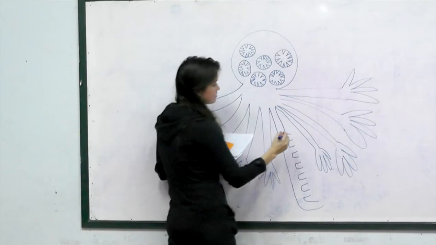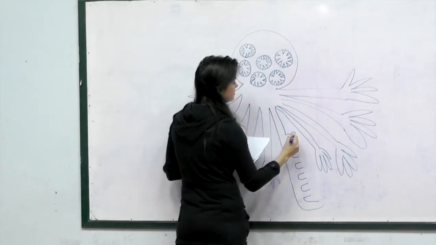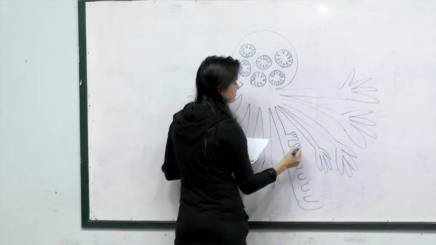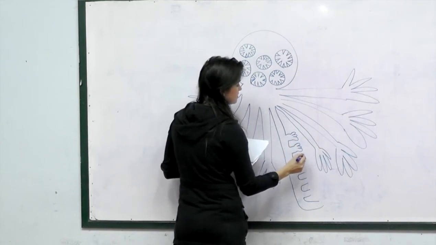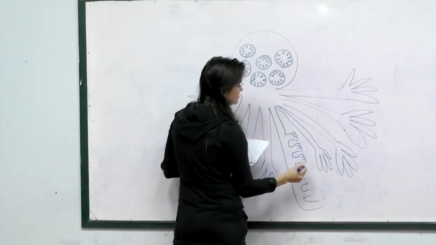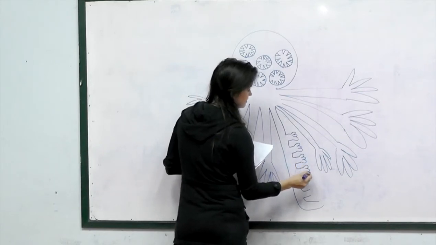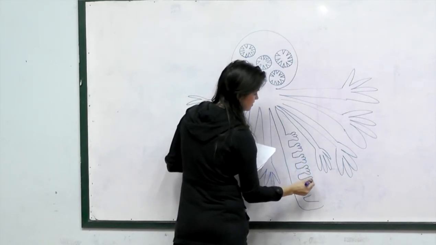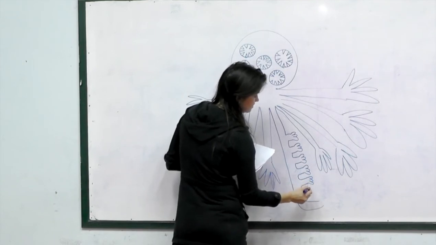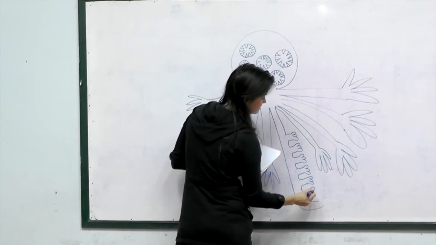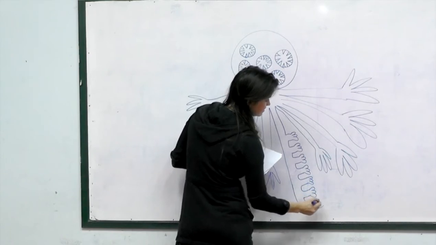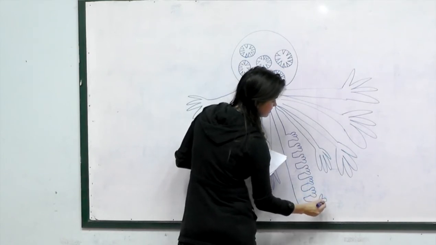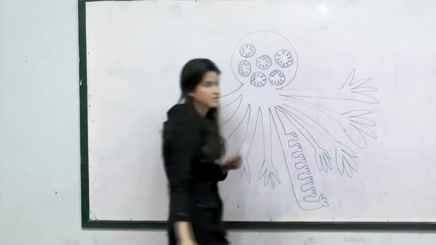So let's make some toes for him. Help me count. 1, 2, 3, 4, 5, 6, 7, 8, 9, 10, 11, 12, 13, 14, 15, 16, 17, 18, 19, 20, 21.